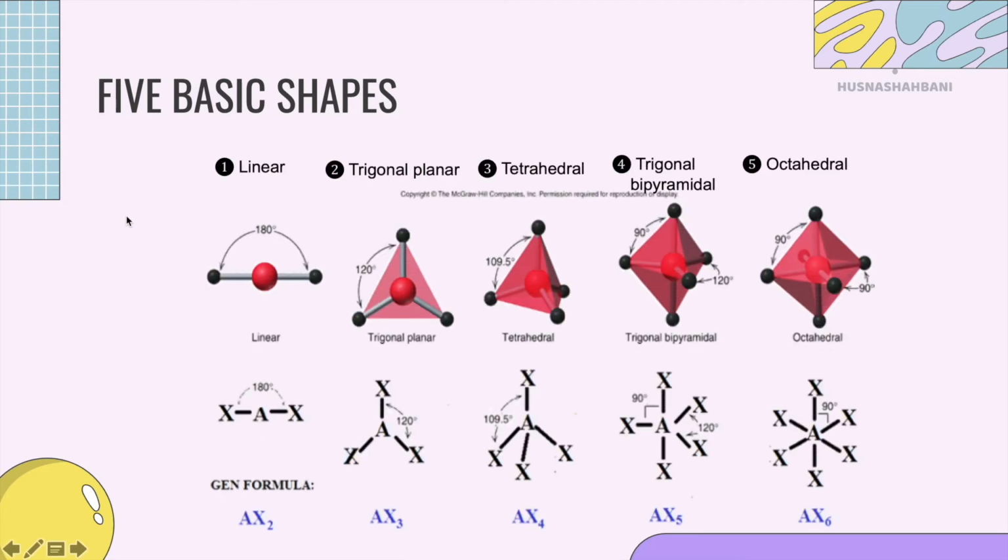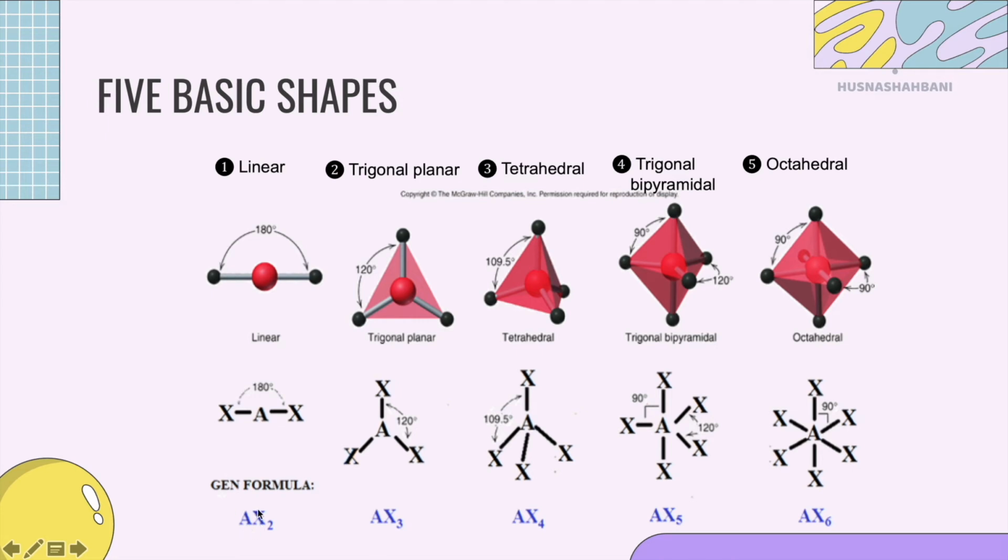There are 5 basic shapes in molecular shape. First is linear, second trigonal planar, third tetrahedral, fourth trigonal bipyramidal, fifth octahedral. They each have their own shape and their own angles.